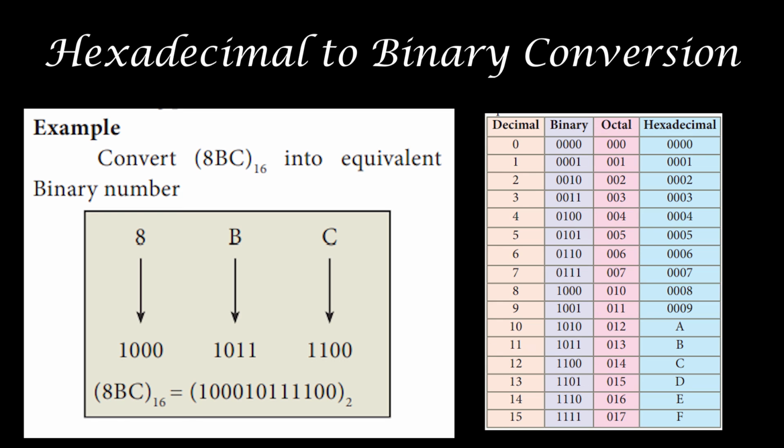There, when we go for the sign bit and all, we'll be learning about ones complement, twos complement and all. Before that, be thorough with these conversions: binary, hexadecimal, octal, decimal and all. If you have any doubts, you can ask me, and try to do these workshops. Under each heading, we have some workshops, right? In the hexadecimal section, we have a workshop: convert the following hexadecimal numbers to binary numbers.